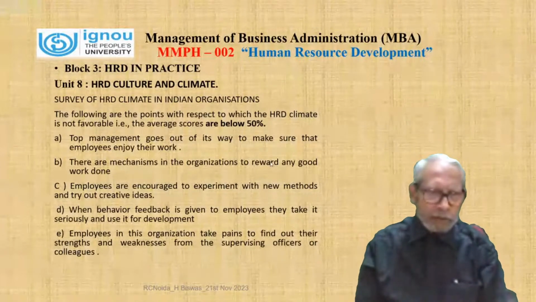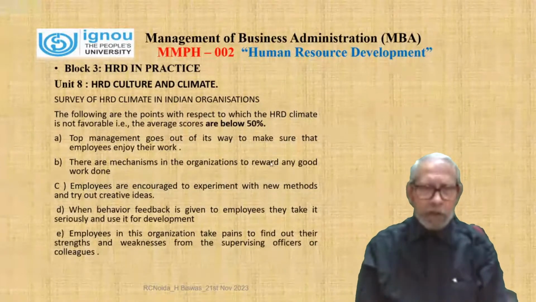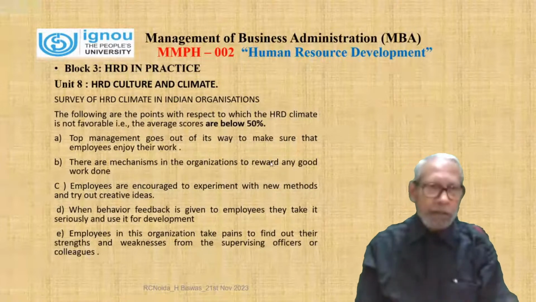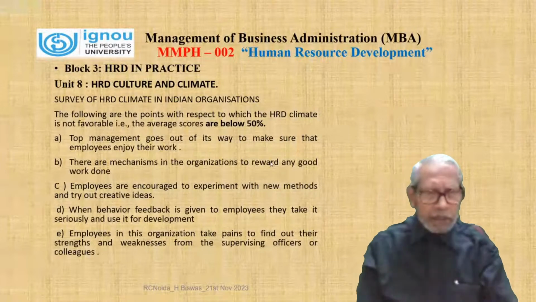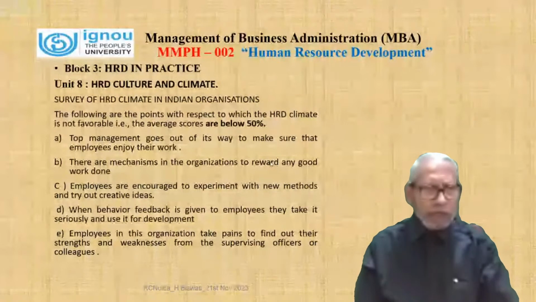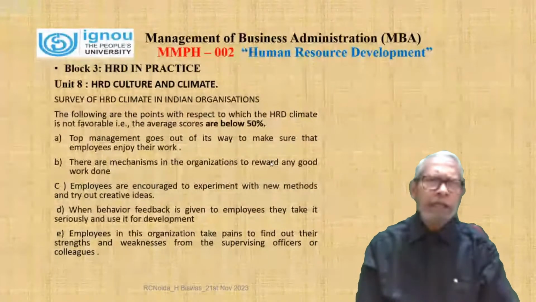There are mechanisms in the organization to reward good work done. If there are systems in your organization, and you have done some good work, you are getting some award or not. If you say no, not getting any award, that means it is the negative side.